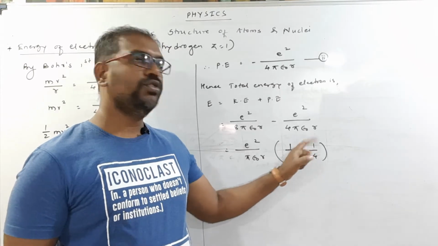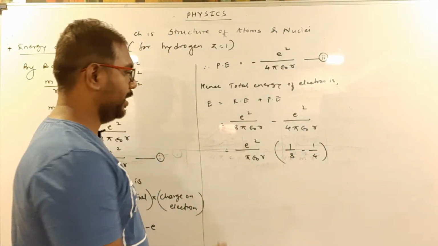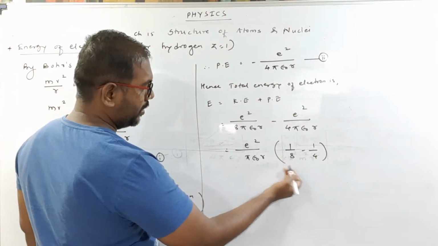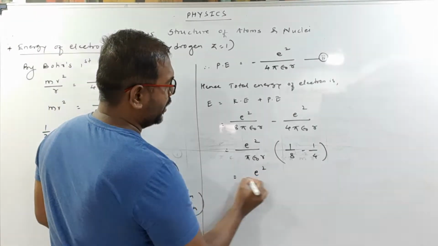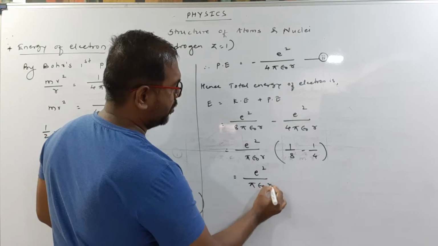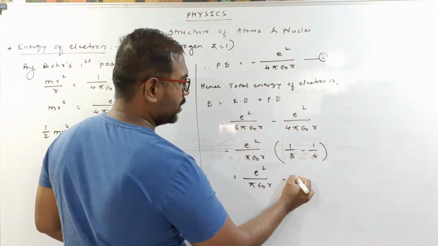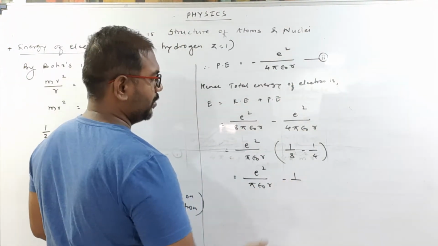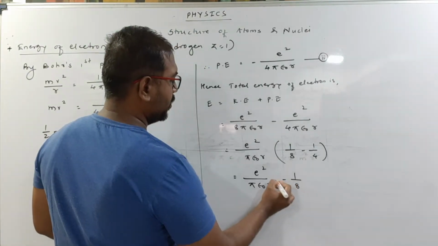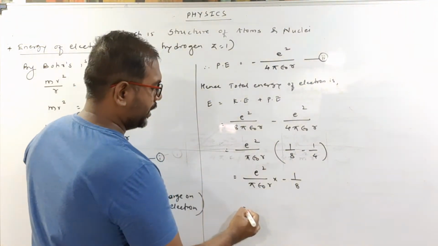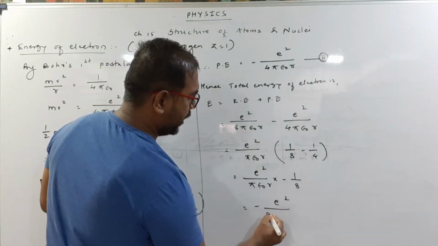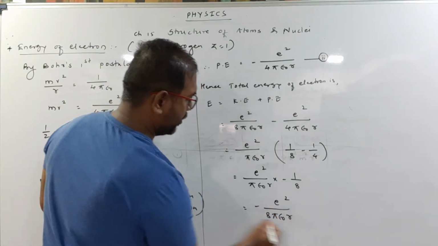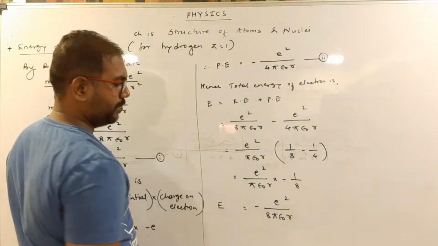So 1 minus 2, minus 1 divided by 8. So we get minus 1 by 8. I can write minus e square divided by 8 pi epsilon 0 r. So this is the total energy.